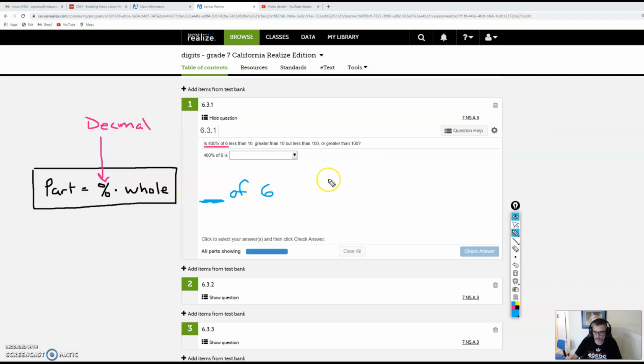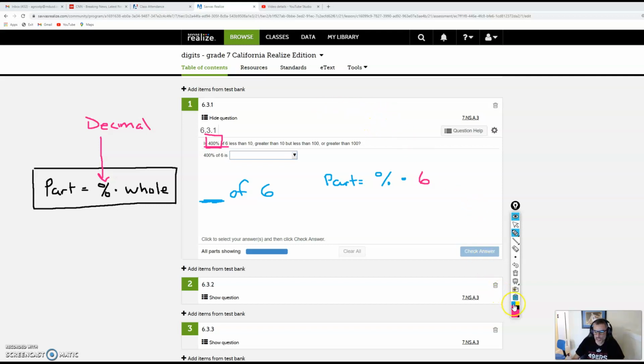We still don't know what the part is, so I'm going to say part is equal to the percent times 6. We know that the whole is 6, and the percent is 400, so I need to convert 400% into a decimal.